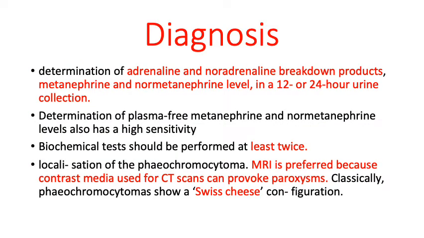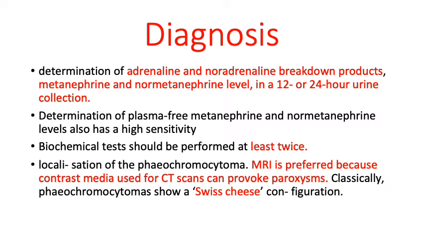Regarding the diagnosis, it will be by the measurement of the adrenaline and noradrenaline breakdown products, which are called metanephrine and normetanephrine levels in a 12 or 24-hour urine collection. Also, determination of the plasma-free metanephrine and normetanephrine levels. These tests are of high sensitivity, and biochemical tests should be performed at least twice.